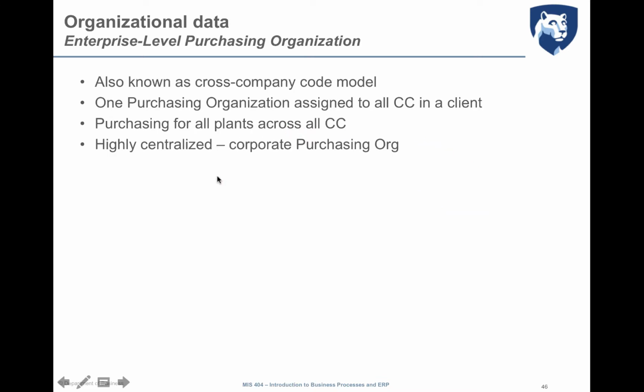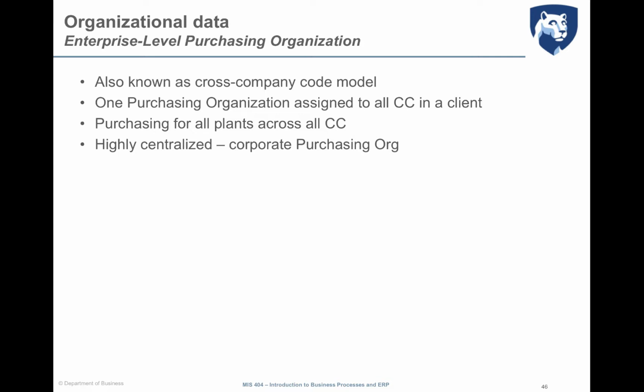Let's start with the enterprise level purchasing organization, which is also known as the cross-company code purchasing organization, which is the most centralized model. There is only one purchasing organization for the overall enterprise and all of the plants within the enterprise.